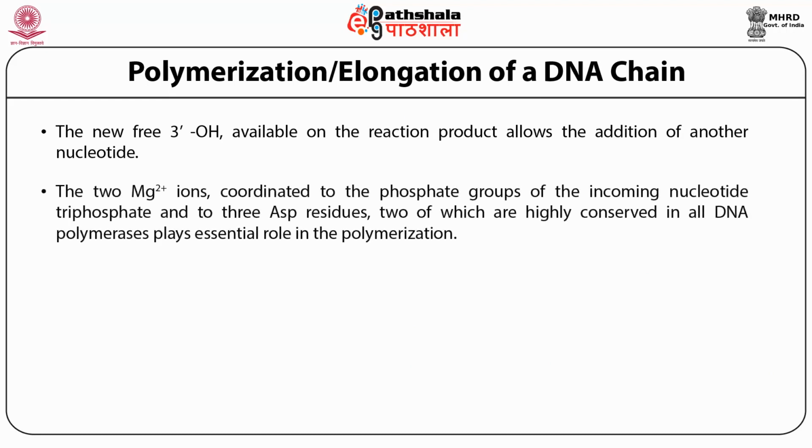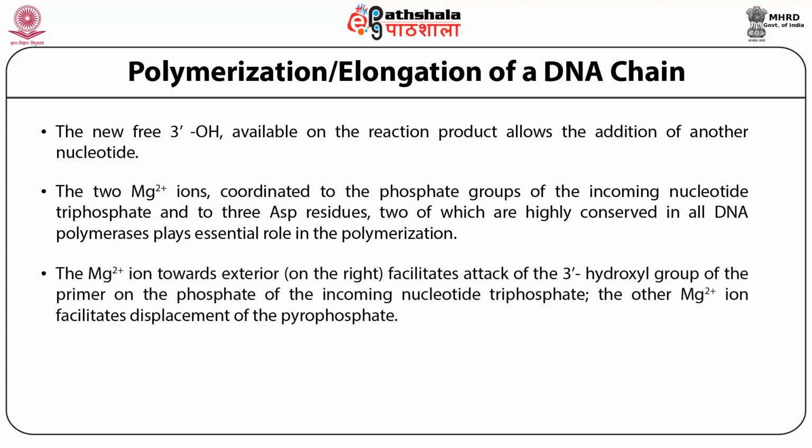Here the two magnesium ions that you see in the cartoon, which are coordinated to the phosphate groups of the incoming nucleotide triphosphate and to three aspartic residues, two of which are highly conserved in all DNA polymerases, play an essential role in the polymerization reaction.